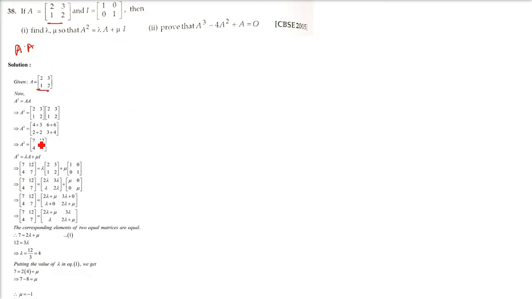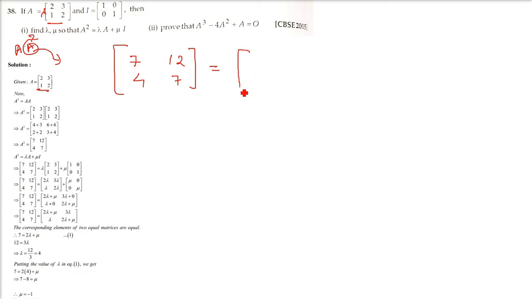I am directly writing A dot A. This is going to be 7, 12, 4, 7. Remember, this is A square. I have not done it, I have just taken it from here. This is equal to lambda into A, so take A multiplied by lambda. Lambda is the scalar multiple.